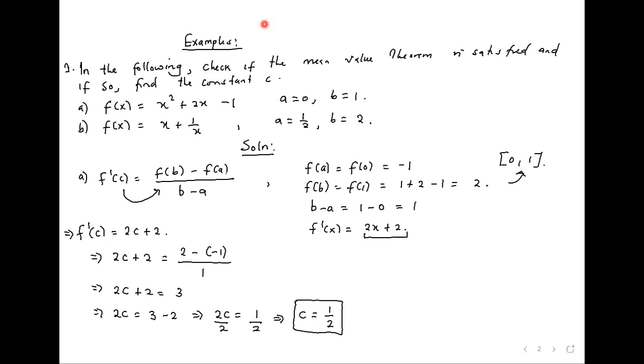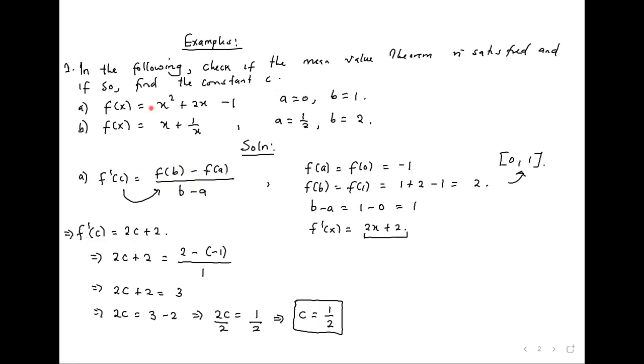So the question is asking us to check if the mean value theorem is satisfied for this f. If so, we should find the constant c in the mean value theorem. And the mean value theorem is this one here. So now you start finding its components.